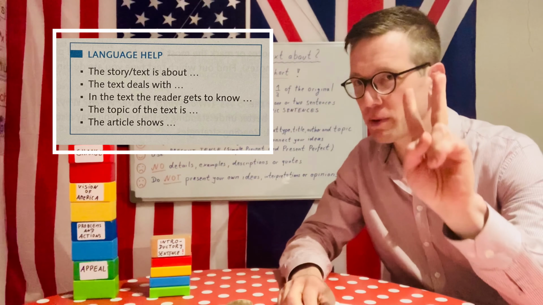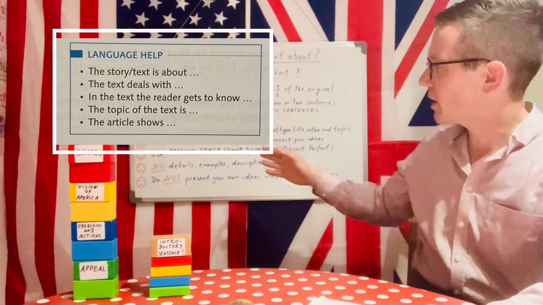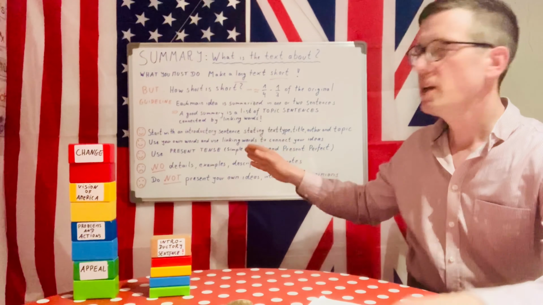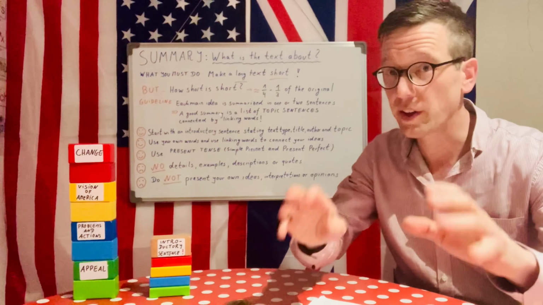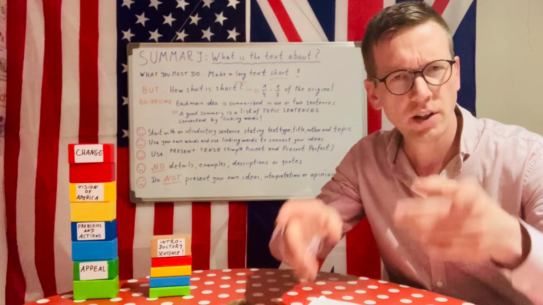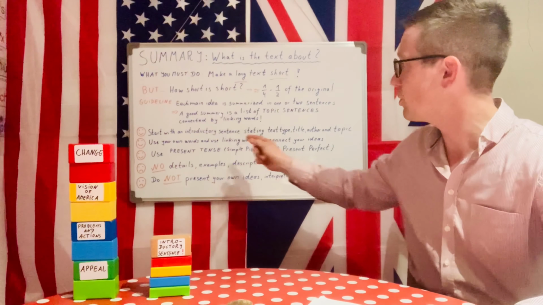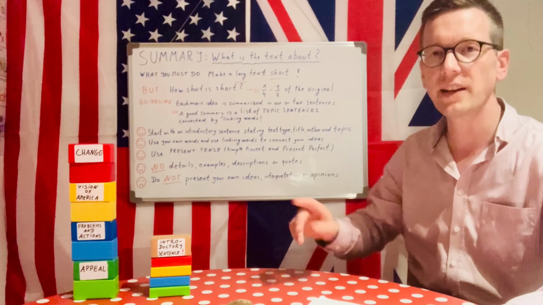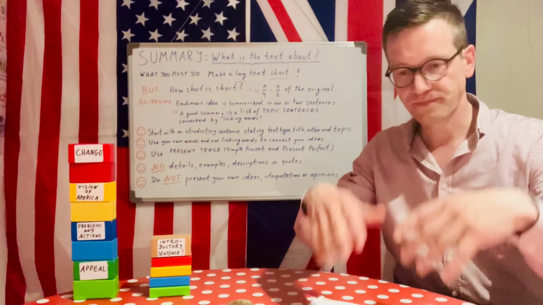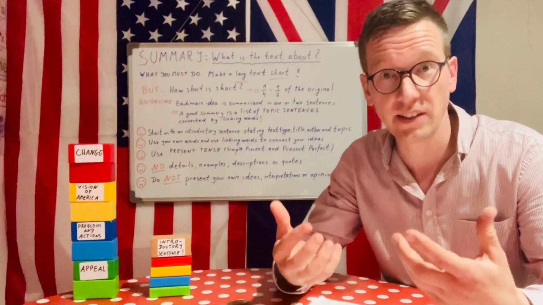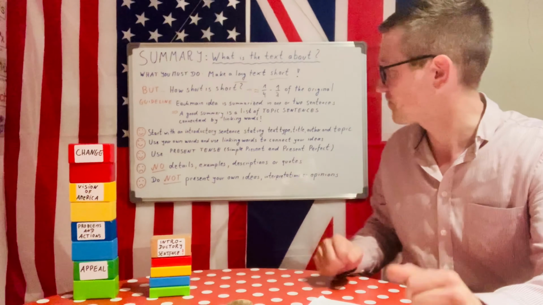Fine. Number 2. The second one is also very important. Use your own words. Do not copy the text. Do not copy parts of the text, but use your own words and use linking words to connect your ideas. Your own words in order to summarize the text as you understand the text.